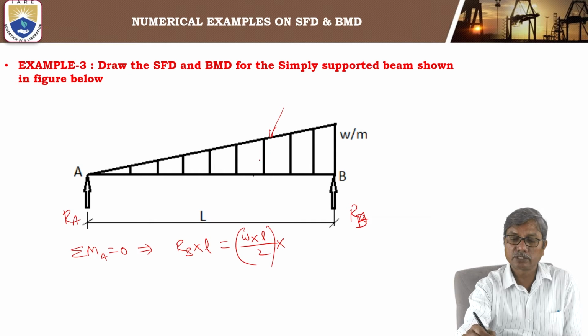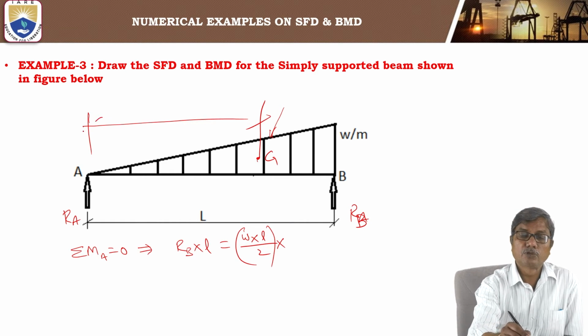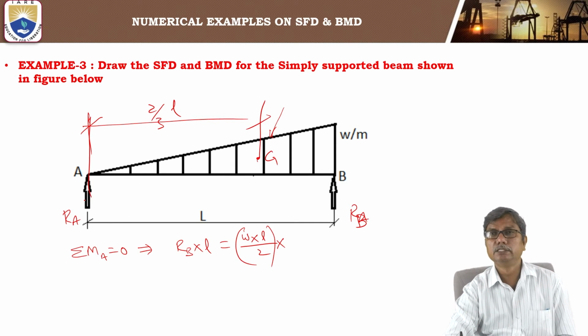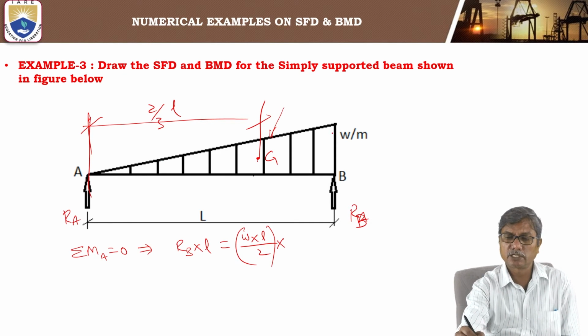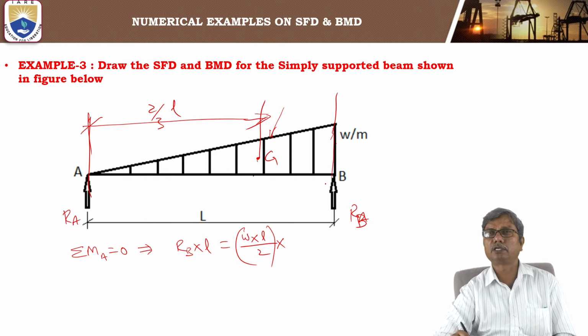Where will be the distance of centroid? It lies at a distance of 2/3 of L from this end, because this end is the vertex, or 1/3 of L from B, because this end is the base for the triangle.